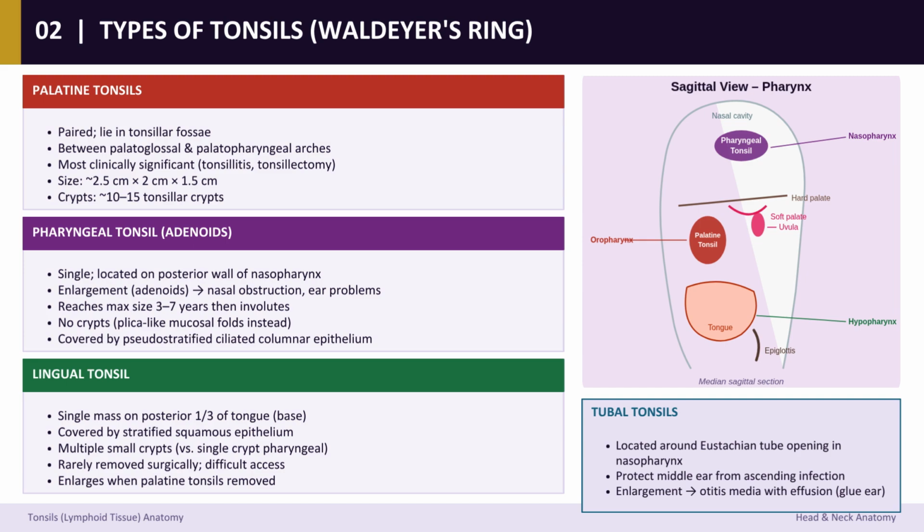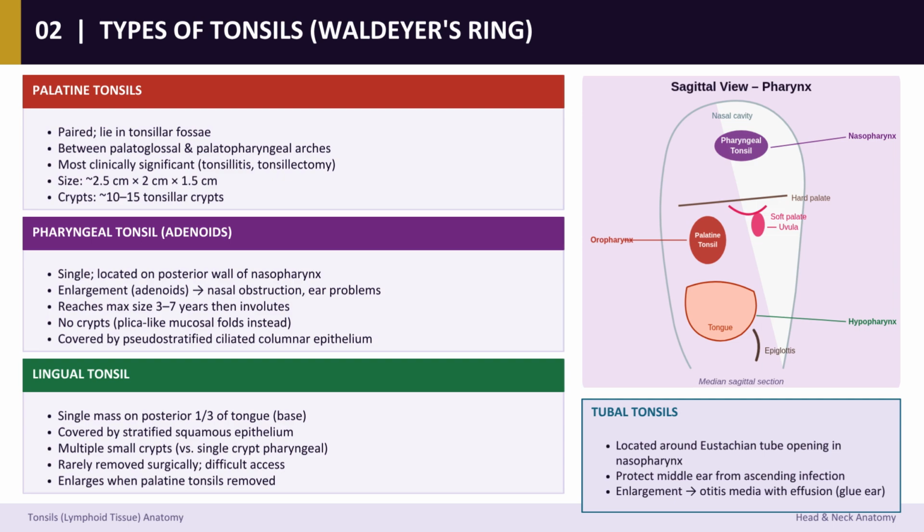Lingual tonsil, a single mass at the posterior one third of the tongue, that is the base, covered by stratified squamous epithelium. Above, the pharyngeal is pseudostratified, here it is stratified. Multiple small crypts versus a single crypt in the pharyngeal; rarely removed surgically due to difficult access, enlarged when the palatine tonsil is removed.